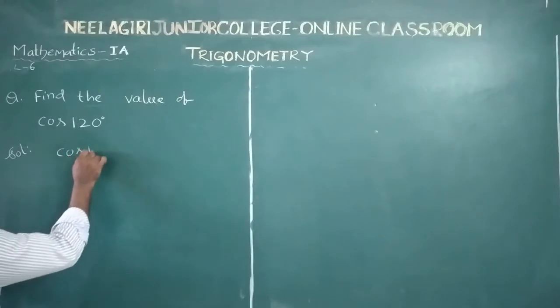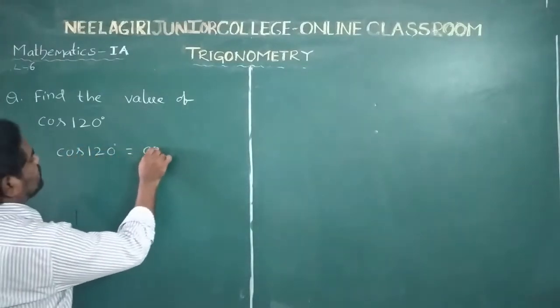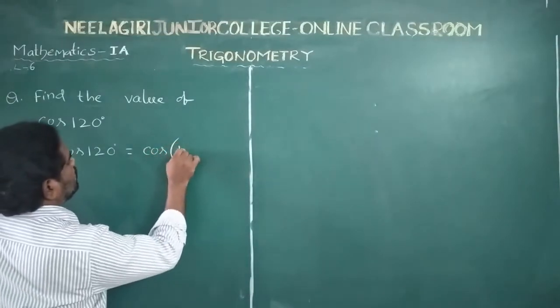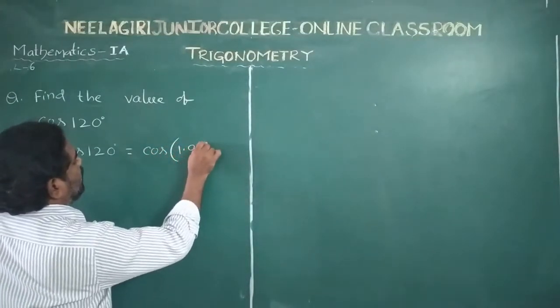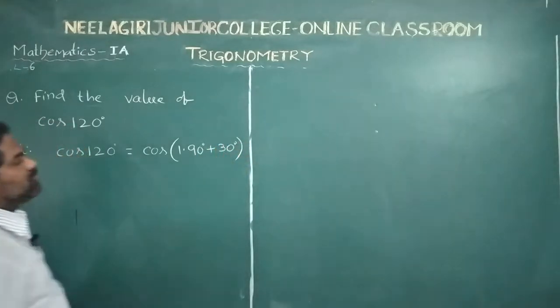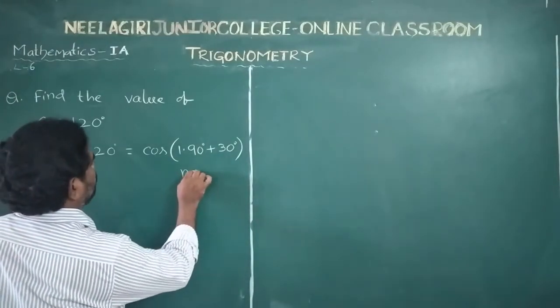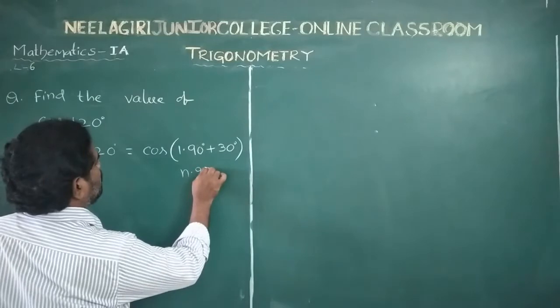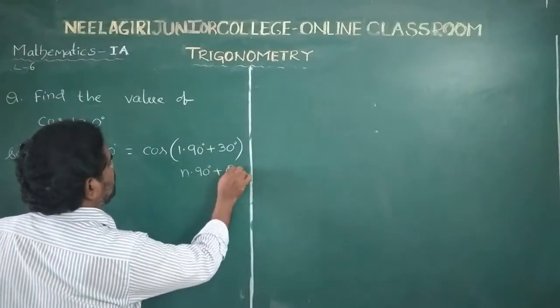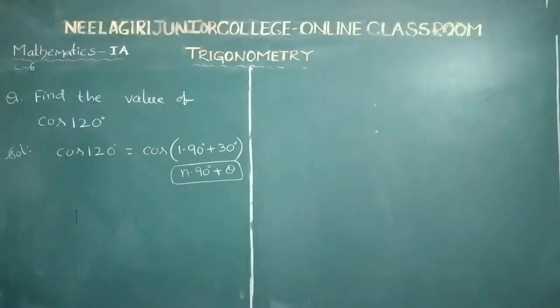Cos 120 degrees can be taken as cos of 1 into 90 degrees plus 30 degrees. It is in the form of n into 90 degrees plus theta, the simple principle.